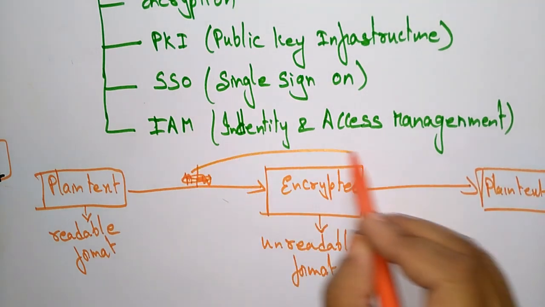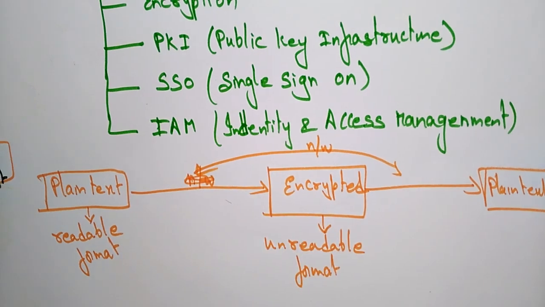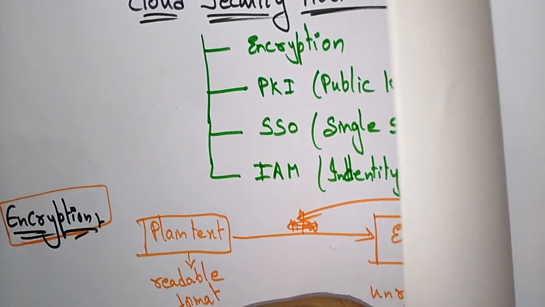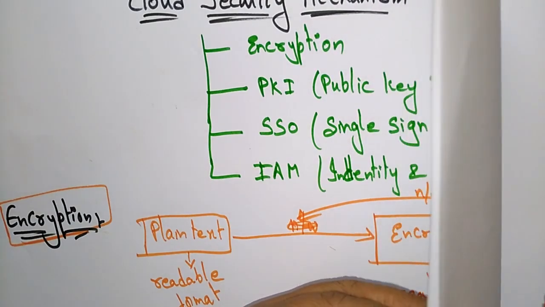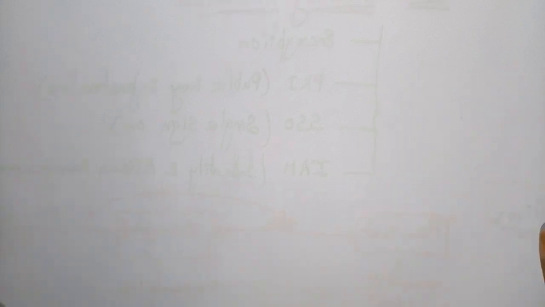This complete process will be done over the network. Let me write the definition for encryption. Encryption technology commonly relies on a standardized algorithm called a cipher to transform the plain text data into encrypted data. The data which is encrypted is called cipher text.